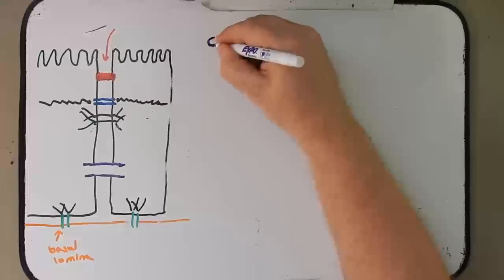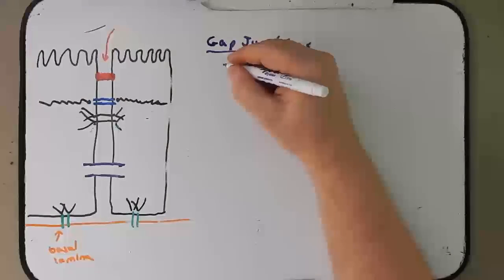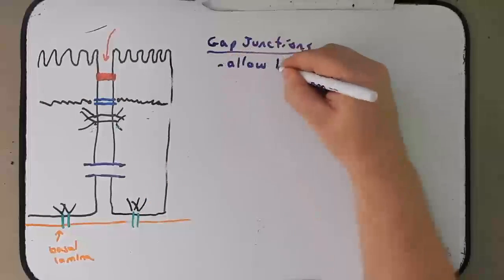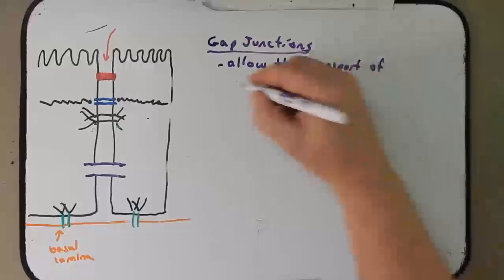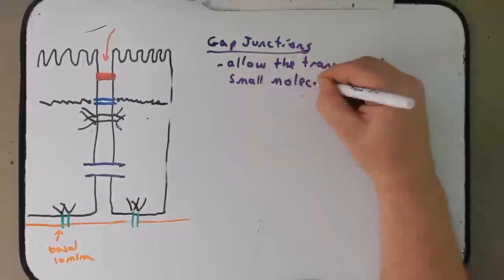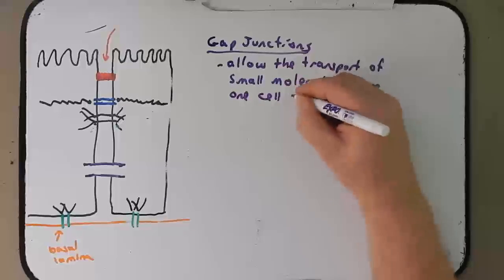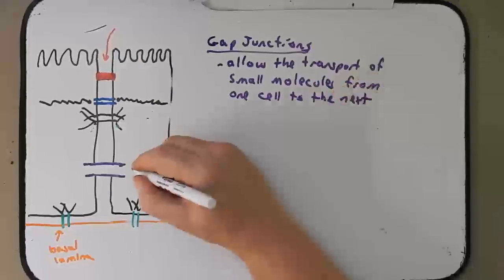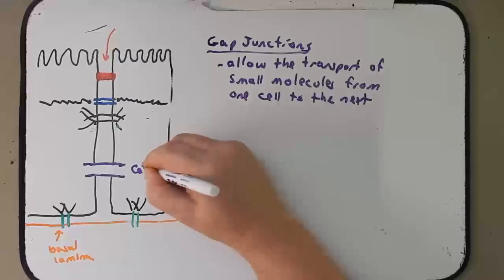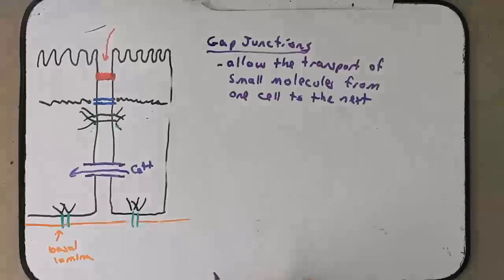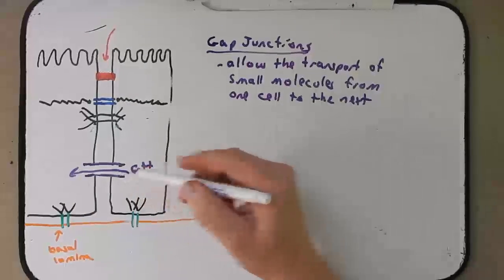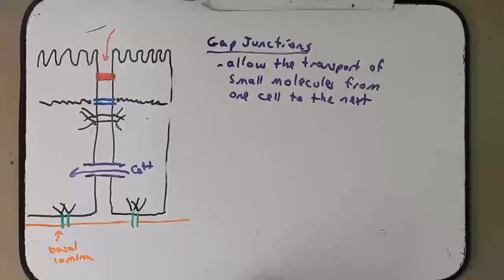So let's talk about gap junctions. Gap junctions allow the transport of small molecules from one cell to the next. Molecules like calcium can move through here. It's a fairly small diameter, so you're not going to get large proteins going through, but very small molecules can go through.